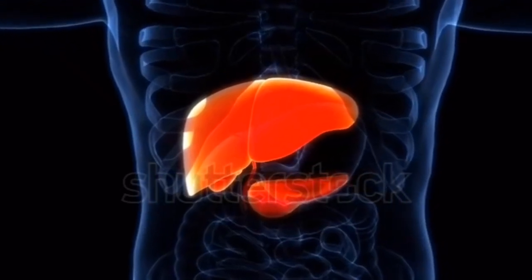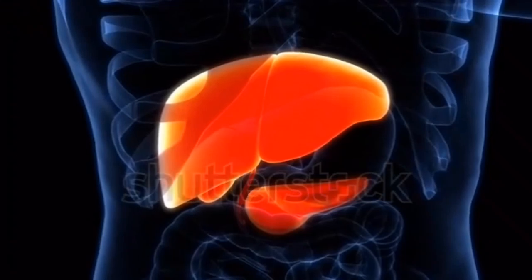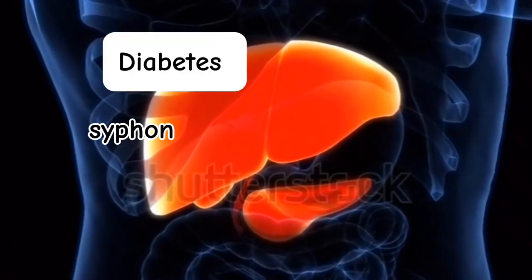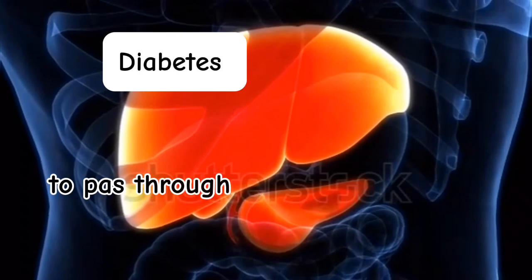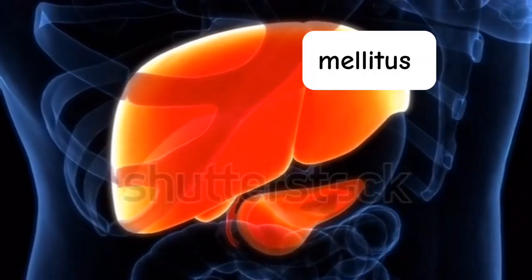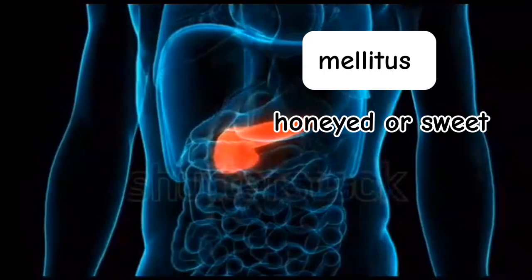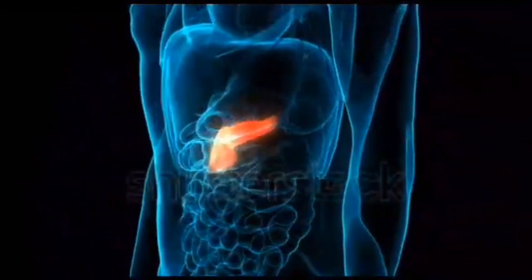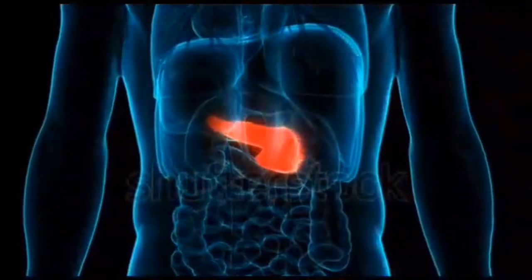that diabetes mellitus is derived from the Greek word diabetes meaning siphon, which means flow through or pass through, and the Latin word mellitus means honeyed or sweet. So this is quite interesting when you relate medical terms to their origin.